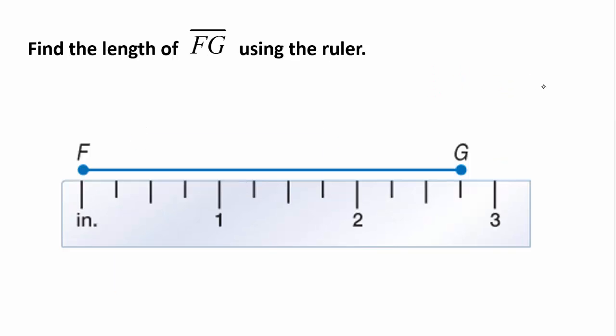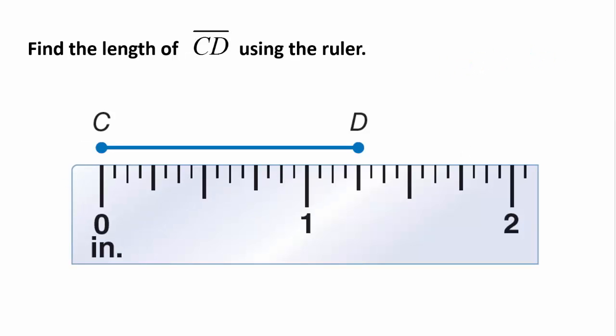This time we're going to get away from the AB and move on to line segment FG and measuring it in inches. This one is 3/4 of the way between 2 and 3. So I would write 2.75 inches.